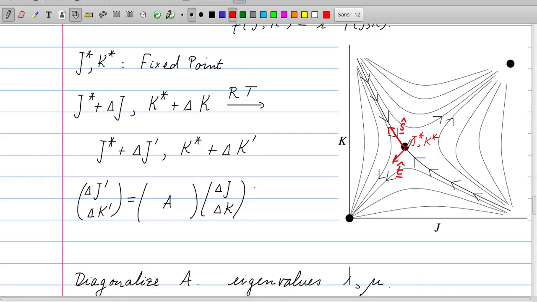And we have the eigenvector s, which moves along the fixed line, and once I move away from the fixed point I go back, so that corresponds to my lambda, which was smaller than 1. Instead of using K and J, I can also express each point here in terms of these new eigenvectors that I use as basis vectors t and s.